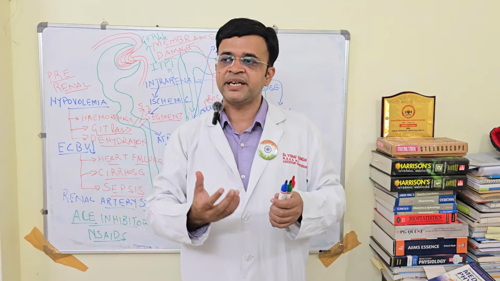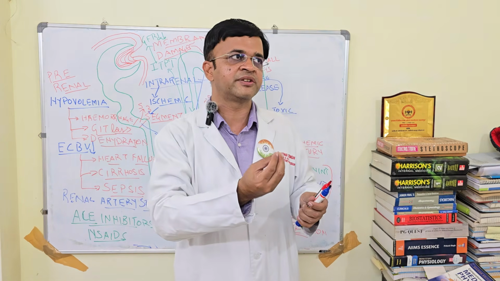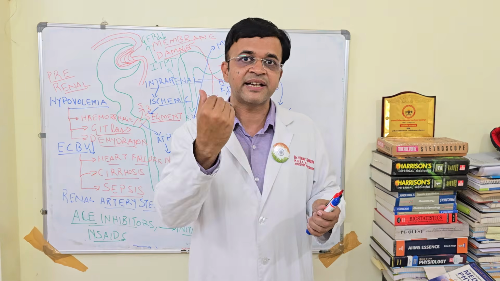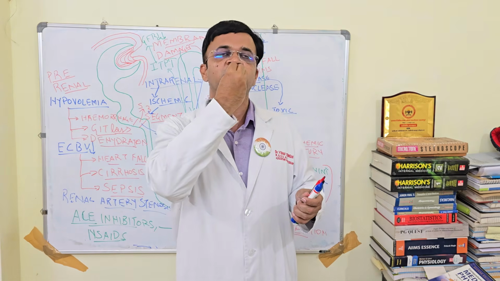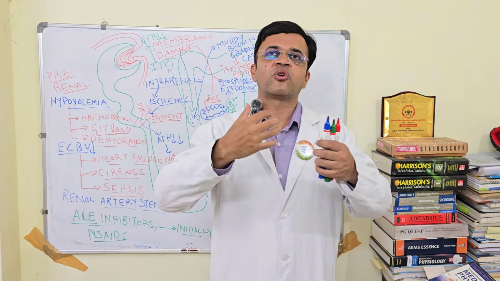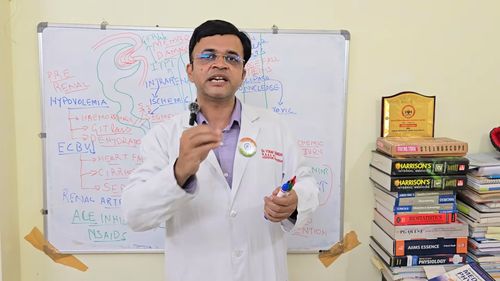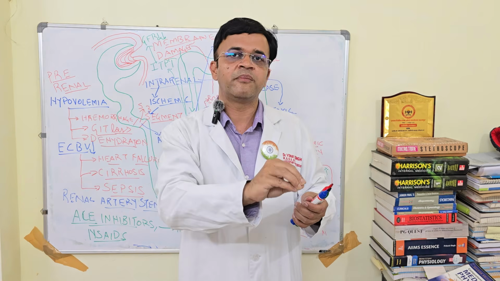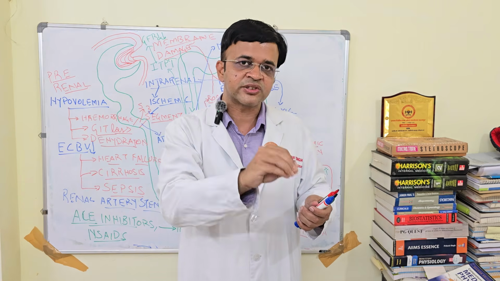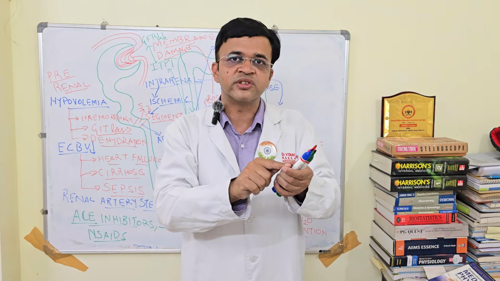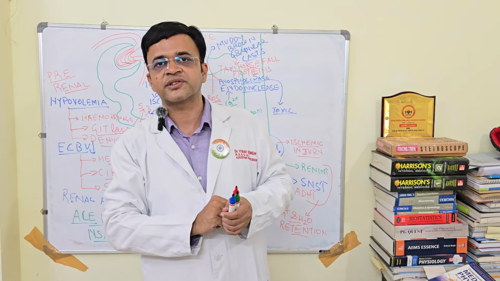Many patients would drink Vasmol, the hair dye, which causes rhabdomyolysis of the muscle cells. All that myoglobin will come and get deposited inside your tubules, leading to acute tubular necrosis.